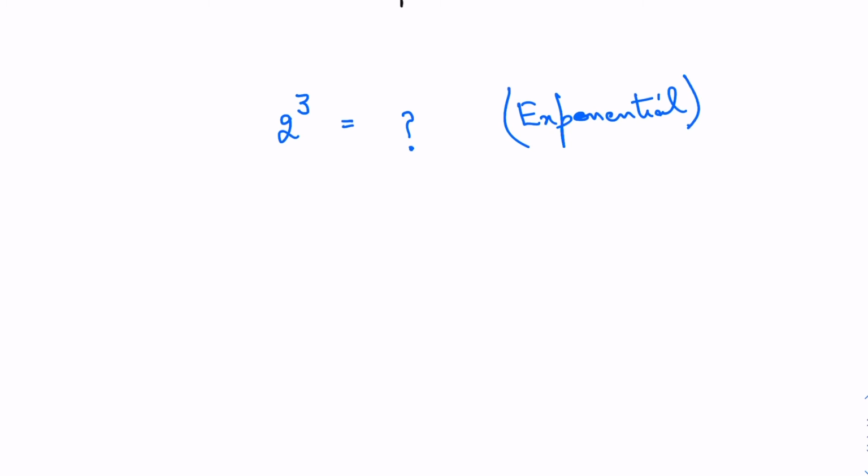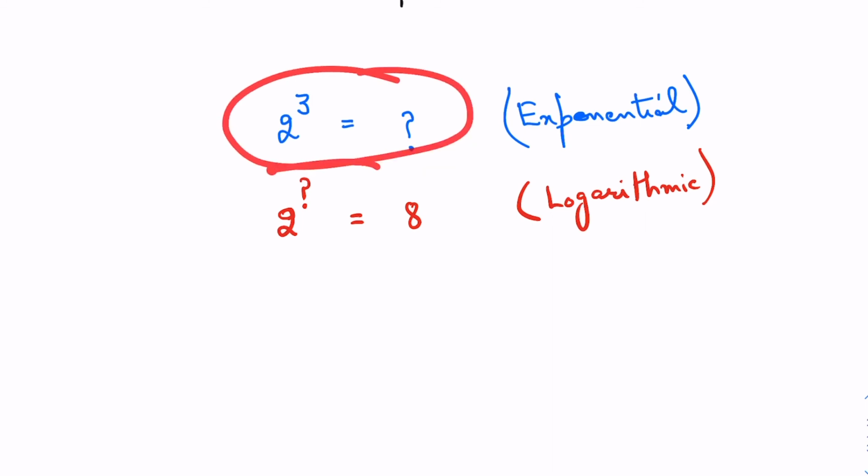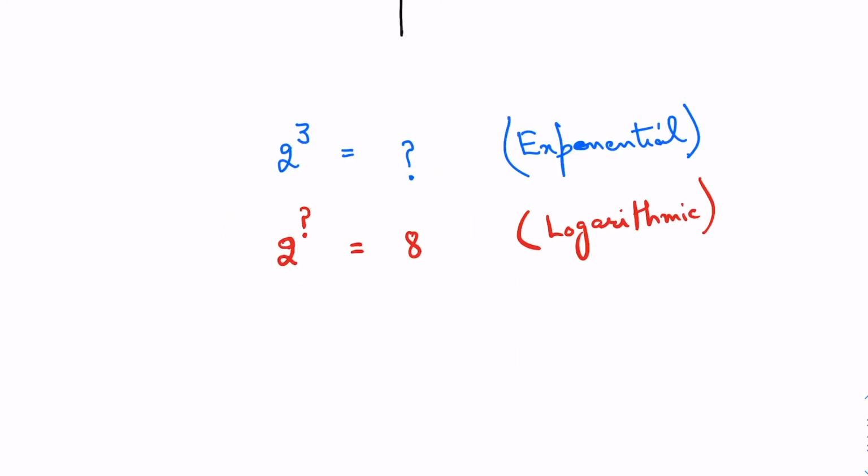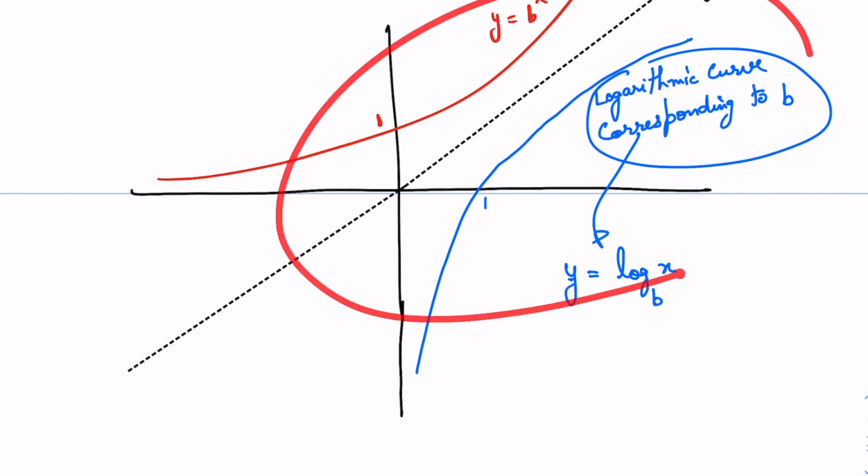But I can also ask the same question in a different manner: what power of 2 gives us 8? When I ask this question, this is called logarithmic format. That's the only difference, where the question mark is placed. We have just inverted this equation, and that's what is happening in this graph.